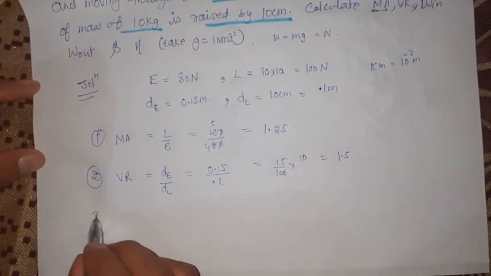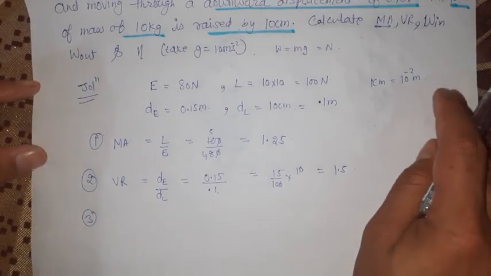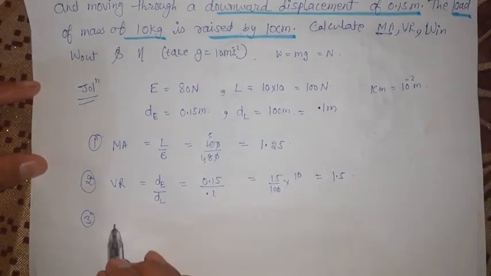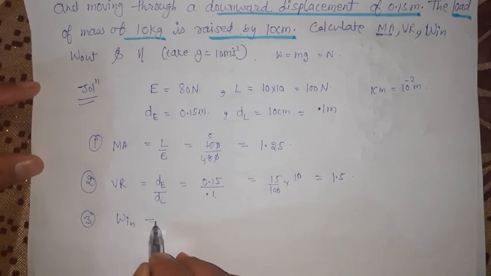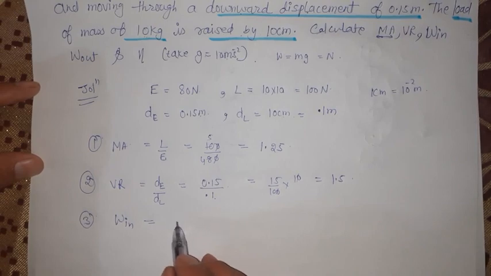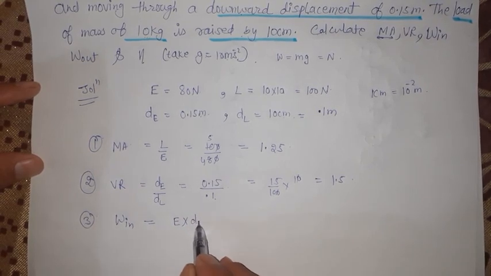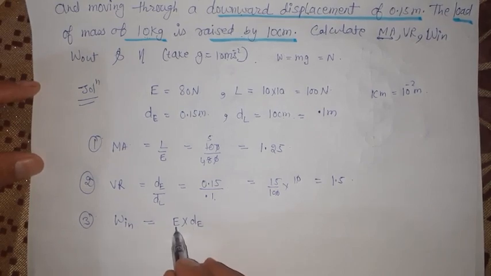Now the third thing, which is our demand here, how much is the input work? Input work is the work done by the effort. So it is force into displacement. The work done by effort is said to be input, and it is force into displacement.